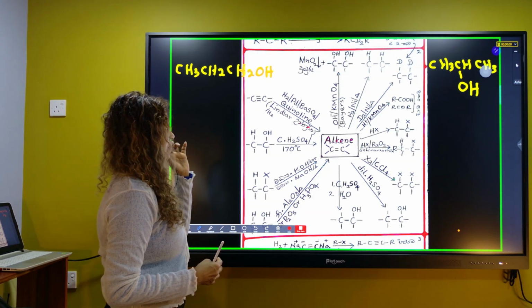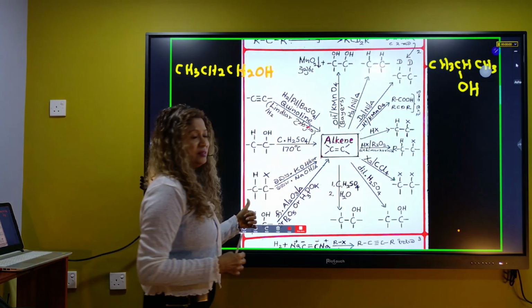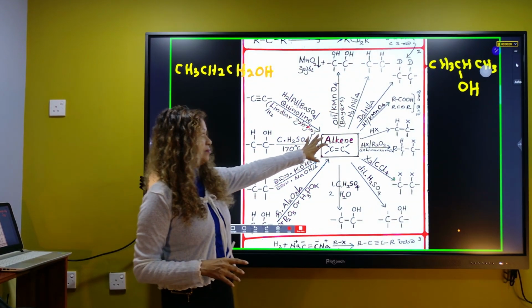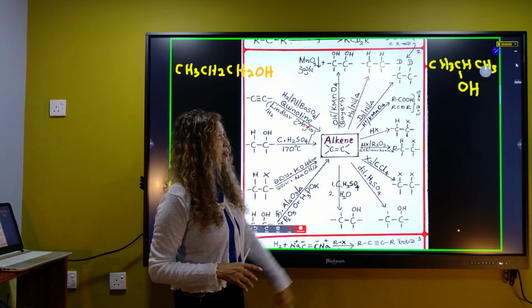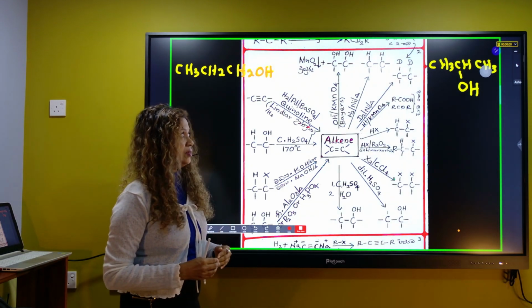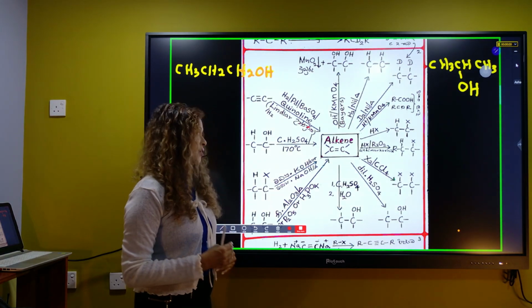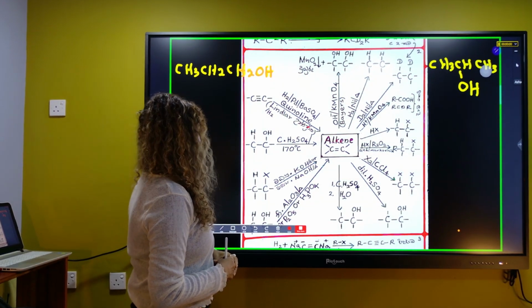To get the answer for this one, I'm using this little spider diagram. This is my alkene box, and all the reactions I have done are in this alkene box. Let's say you have only the knowledge up to alkenes. Then this is still very easy.